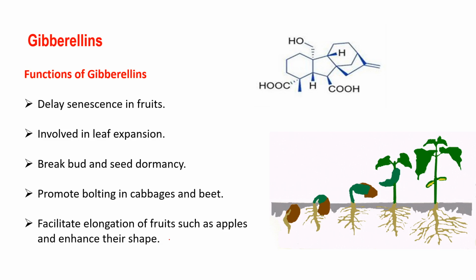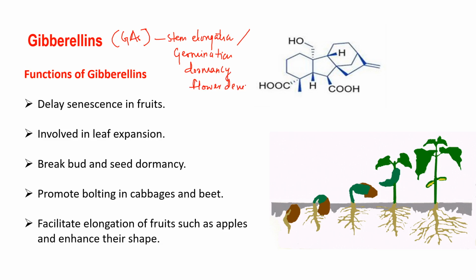Okay, now let's talk about the gibberellins. Students, gibberellins, which are usually denoted as GAs. Okay, so they are the plant hormones that regulate various developmental processes including stem elongation. Okay, so they also help in stem elongation, in germination, in dormancy, in flower development, as well as in development of leaf, fruit.